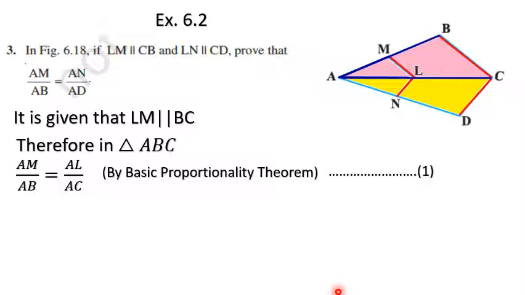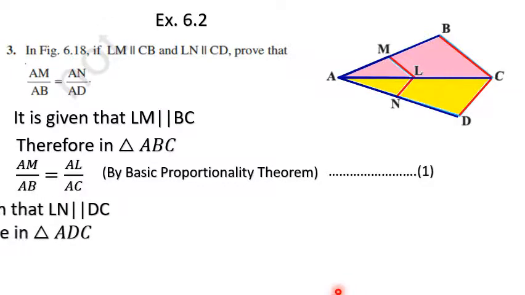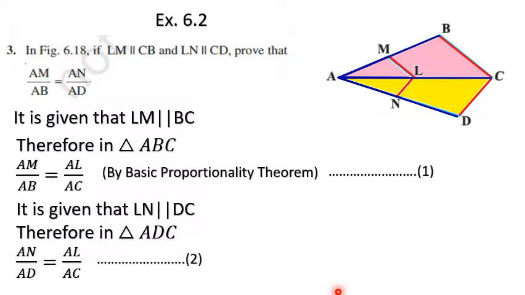So in triangle ADC, we can say that AN by AD is equal to AL by AC. This is equation 2.